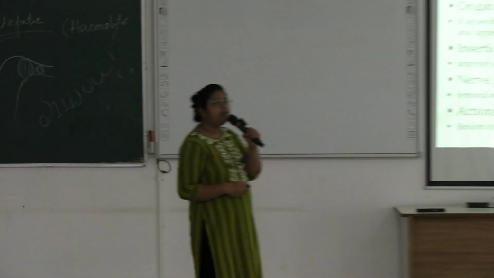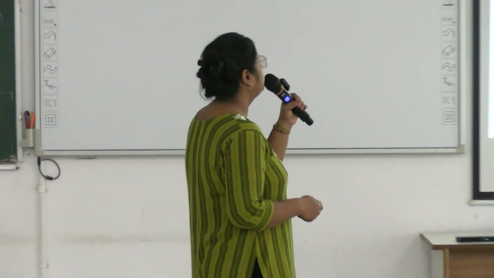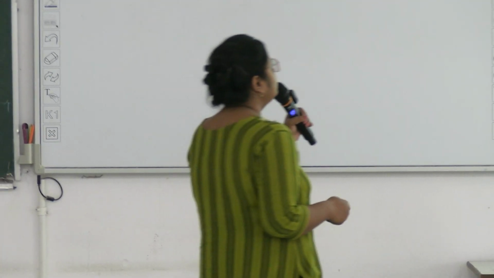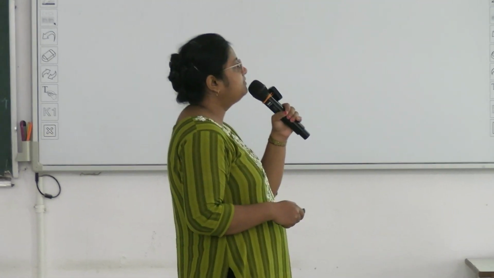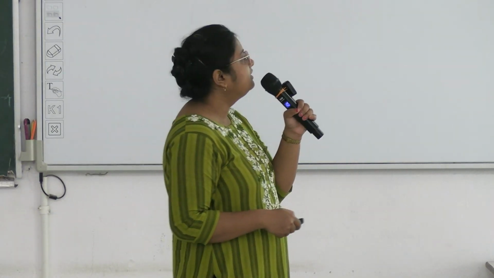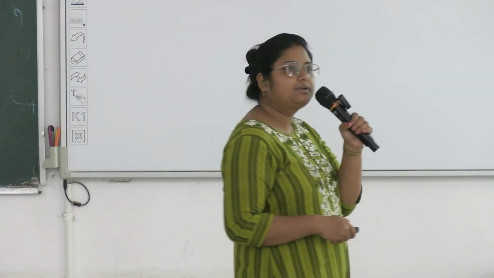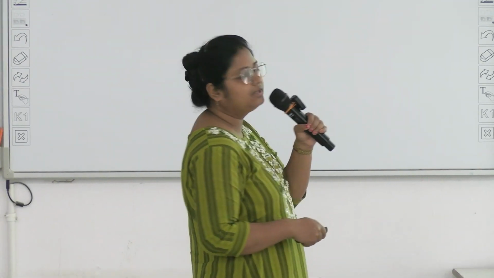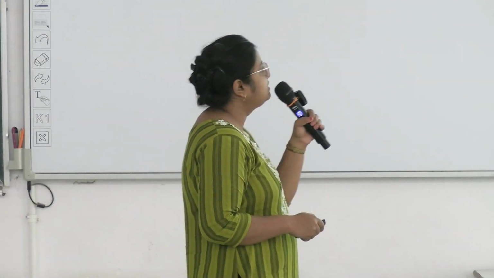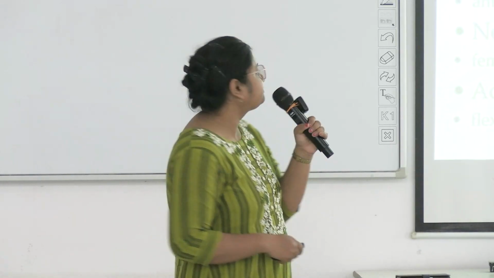It is inserted over the anterior surface of the lesser trochanter and an area 2.5 centimeters long below the lesser trochanter. Mainly in the lesser trochanter. So iliopsoas is inserting into the lesser trochanter of the femur.